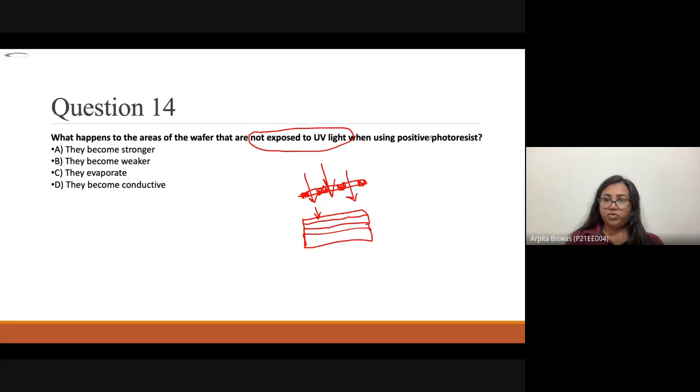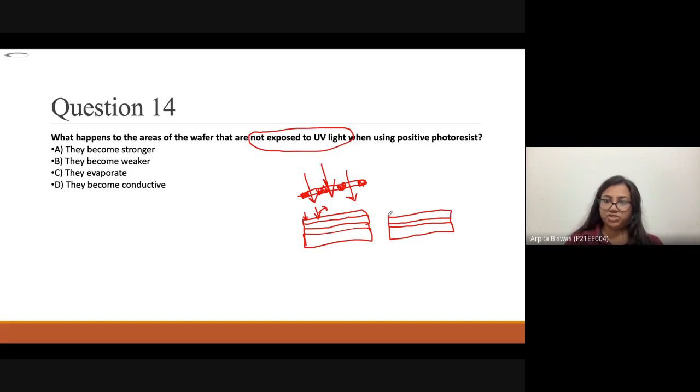If we use the positive photoresist, the portion which is covered will become harder, and which is exposed directly will become weaker. So it will be removed when we go for the development process. After the UV exposure and the development process, we will get this type of structure: wafer, then silicon dioxide, then some metal, and on the metal there is a photoresist.